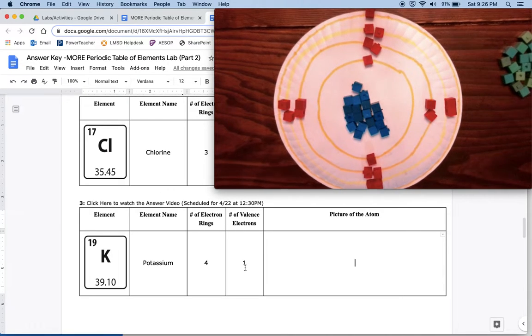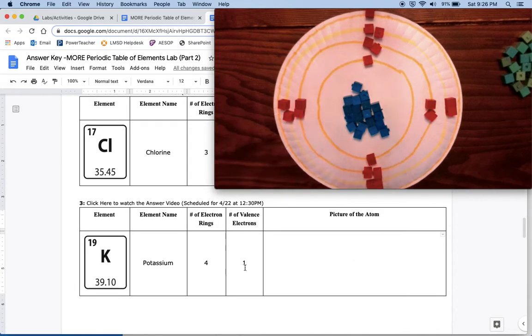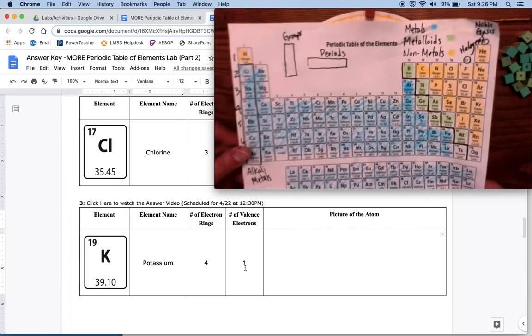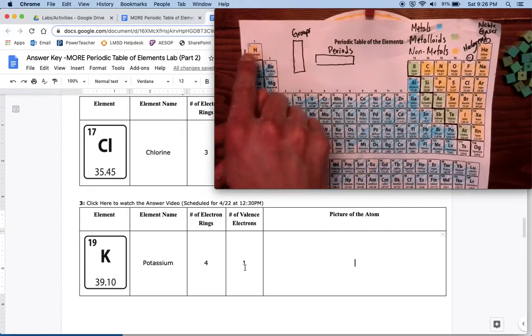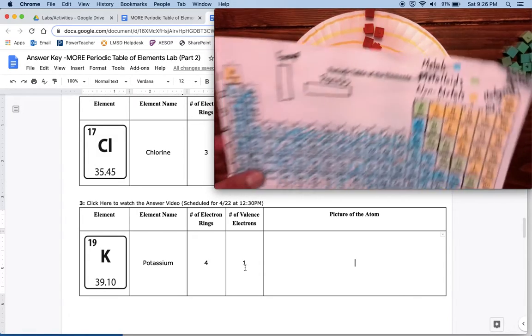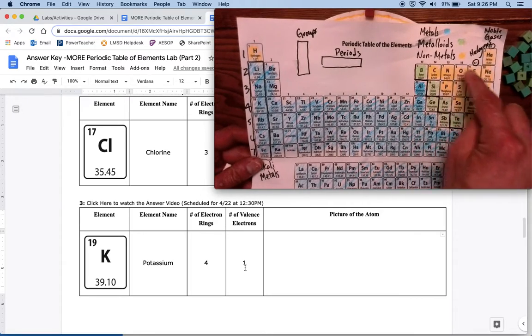Okay, now remember, as I mentioned before, how did I do that? Remember, each ring can only fit so many. And how do you know how many you can have? Remember, that first ring, since there's only 2 elements, it can only have two electrons. That's the reason why there's only 2 electrons, right? In the second ring, there's 1, 2, 3, 4, 5, 6, 7, 8.